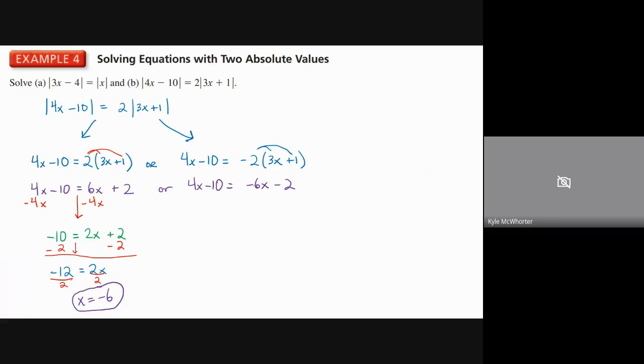Okay, now let's solve this other equation. Instead of subtracting 4x from both sides, I'm going to get rid of my negative 6x by adding 6x to both sides. So then I get 10x minus 10 equals negative 2. Then I'm going to add 10 to both sides.